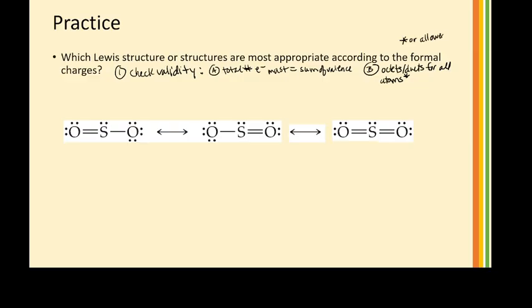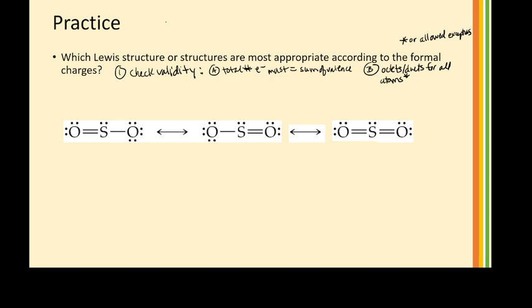If it's not an octet, we're going to see in a little bit that sometimes we have exceptions. So these two must be true. If it is not a valid structure, it can never be the best structure. And so it's important to rule that out before I start doing formal charges.